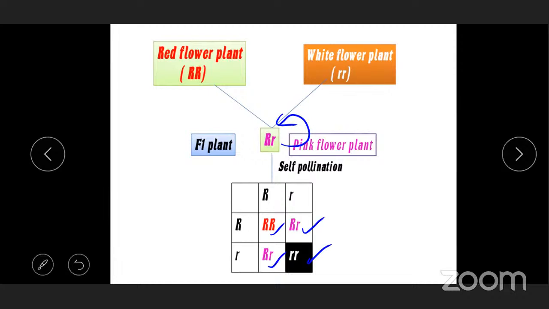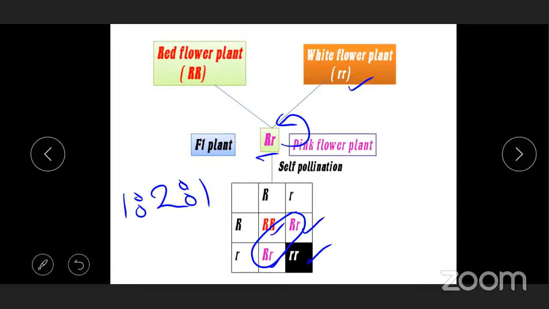How many red are there? One. Capital R, small r: is it red or pink? Yes, capital R, small r is pink. That is why two. Last one, small r. What is the small r? White. So one.